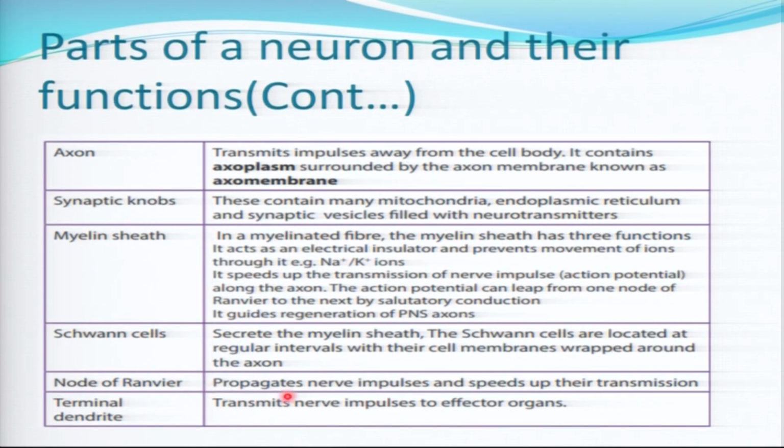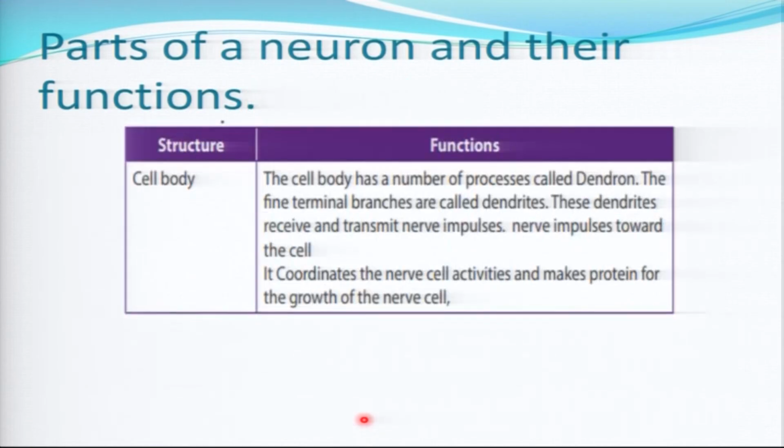Node of Ranvier propagates the nerve impulse and speeds up their transmission. This is the role of the node of Ranvier. We have now terminal dendrites, which transmit nerve impulse to the effector organs. Terminal dendrite has to carry this information to effector organs. Now let's see those parts on the diagram.